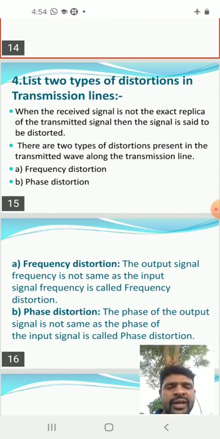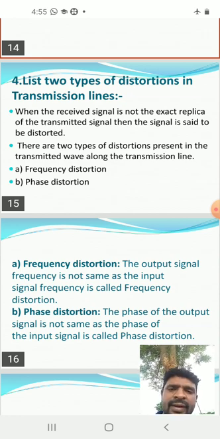That means if any signal is given to the circuit or electronic device and the output is not the same as the input, then the signal is called distortion or a distorted signal.